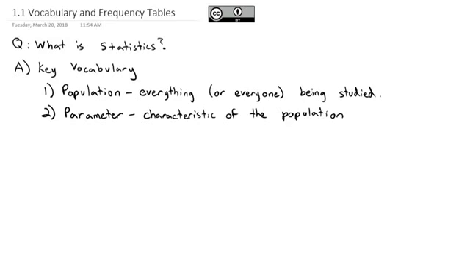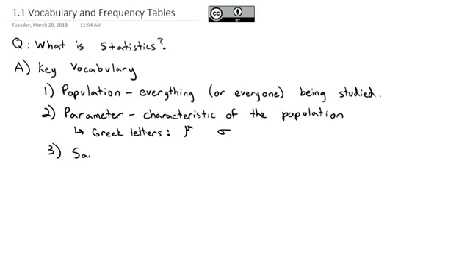That'd be a parameter of the population. When we're talking about parameters, just as a note for now, we will usually use Greek letters to represent parameters. You'll see things like the Greek letter mu or the Greek letter sigma. Something in Greek generally means we're talking about a parameter of the entire population.